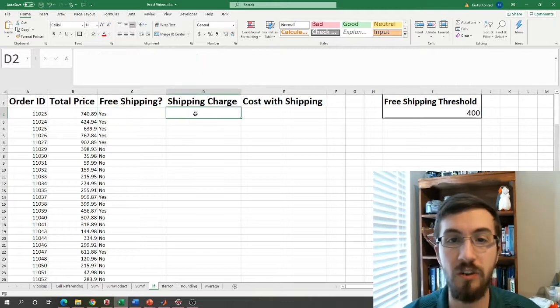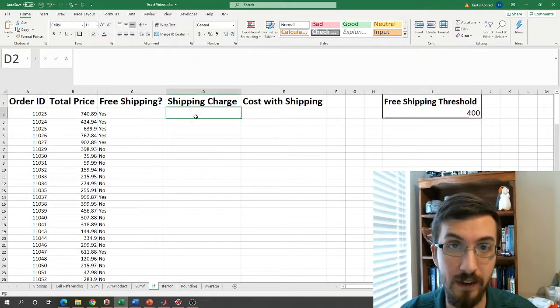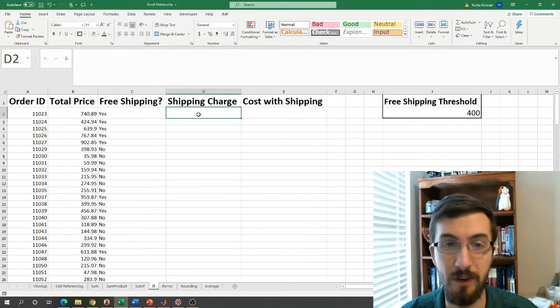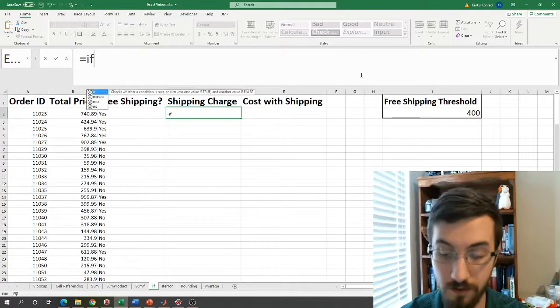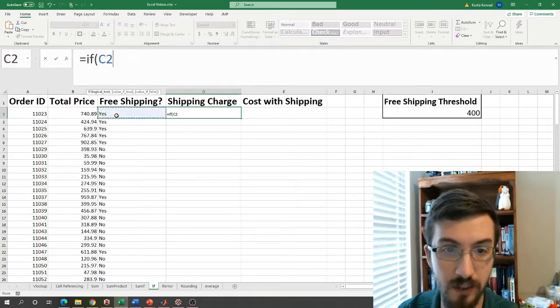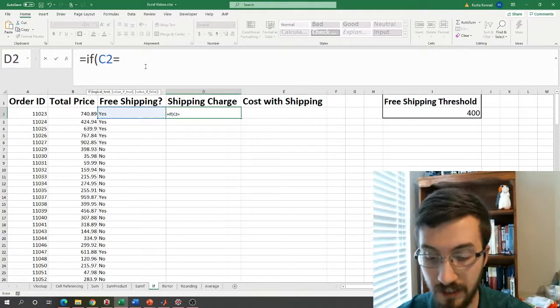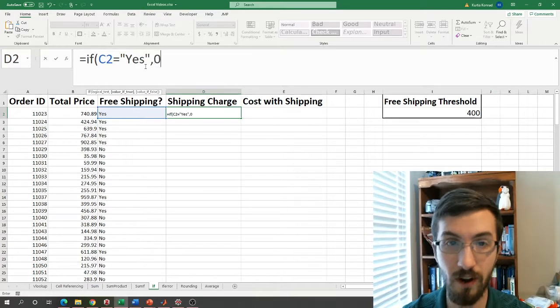Now, the shipping charge. If they have to pay shipping, then they have to pay 5% of their price as the shipping charge. Okay, so how are we going to do that? Well, let's say IF that cell next to us, free shipping, equals yes, then they don't have to pay anything.